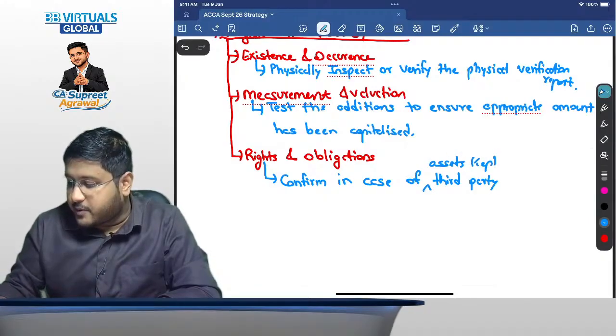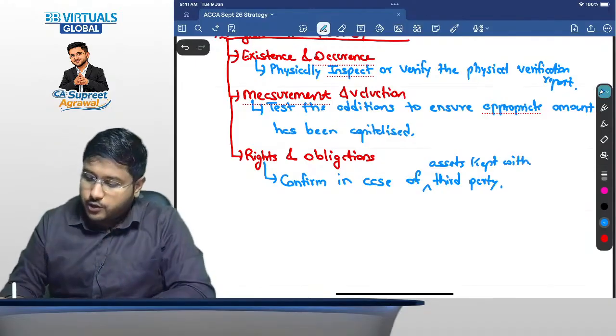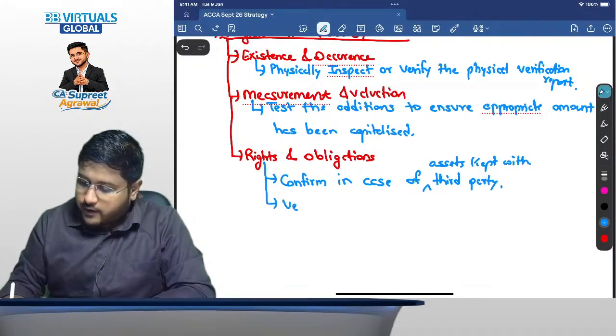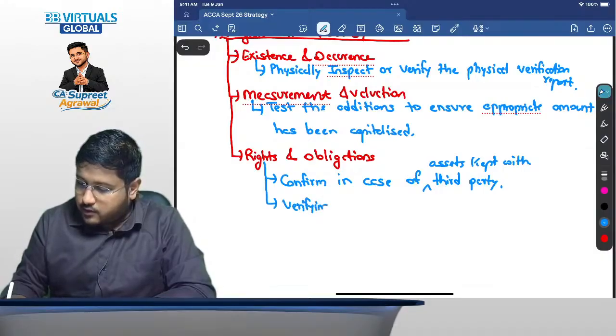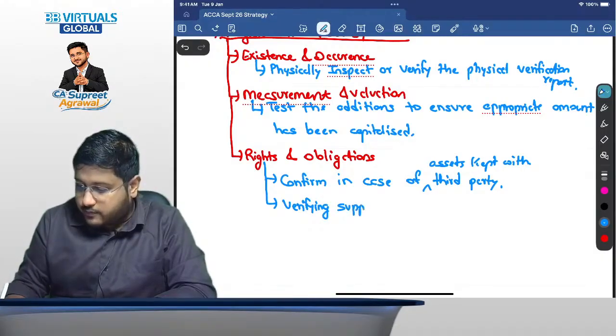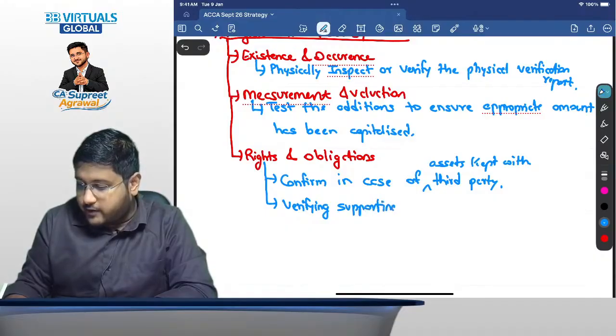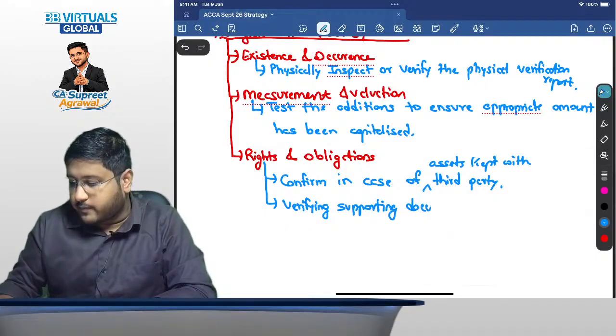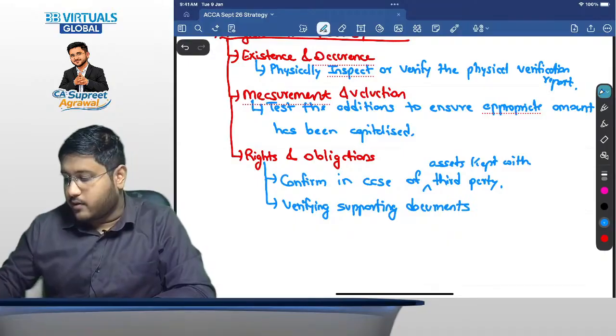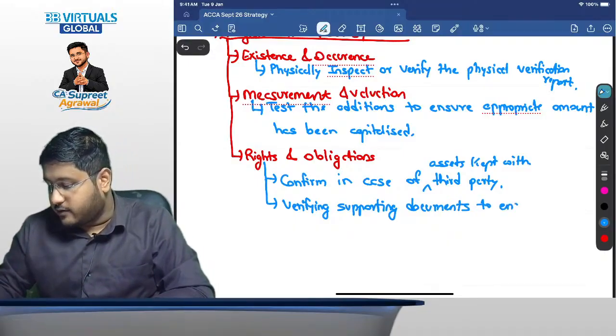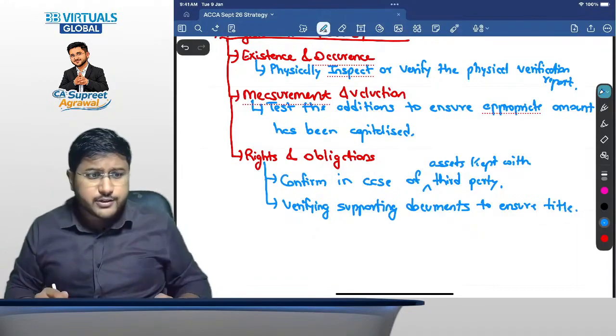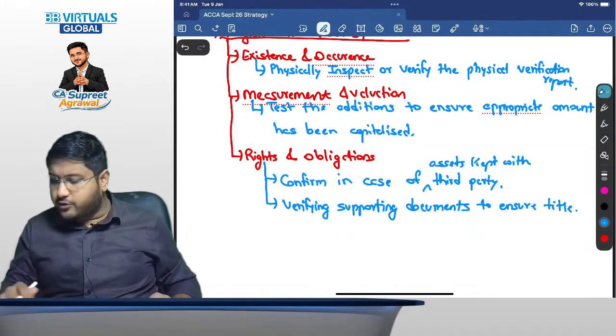If your assets are kept with third party, you will obtain a confirmation, right? That could be one point. You will be verifying supporting documents to ensure title, that is whether the company has the title to the assets that they have shown in their balance sheet, correct? That is one important point right over here.